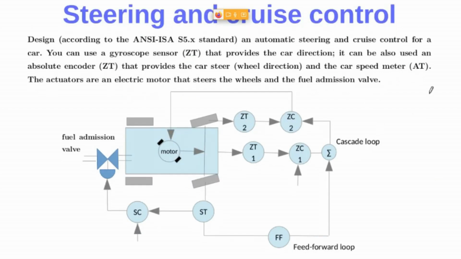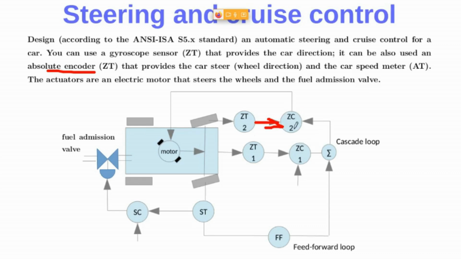Well, my proposal is the following. As you can see here, I have a position transmitter, and this position transmitter is the absolute encoder that measures the steering system, right? The car steer, the wheel direction in here. Then this is the process variable, as you can see here.